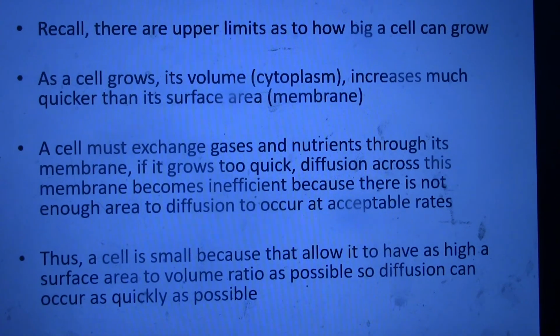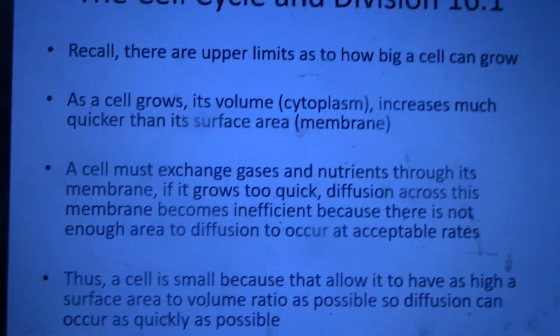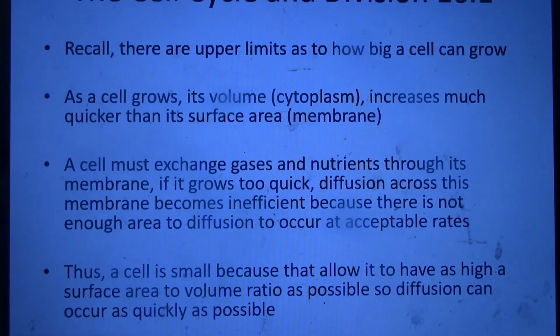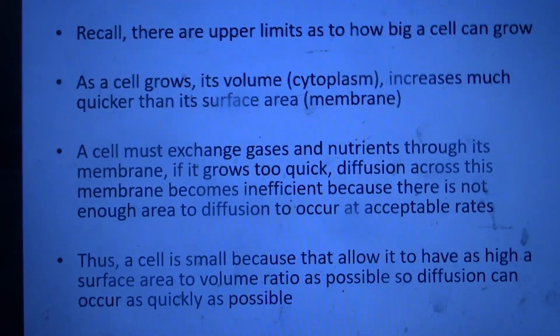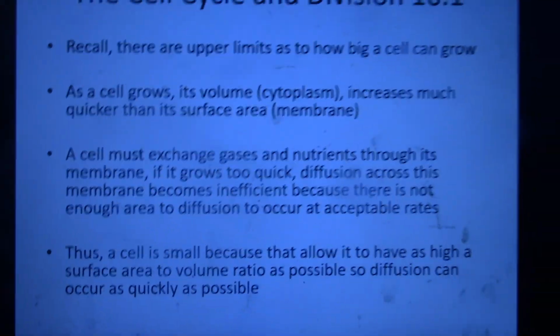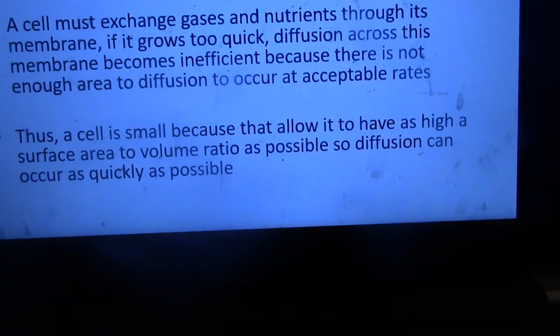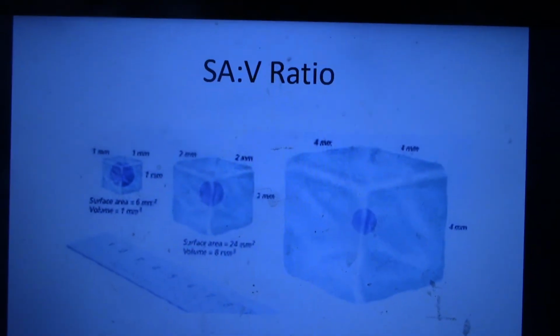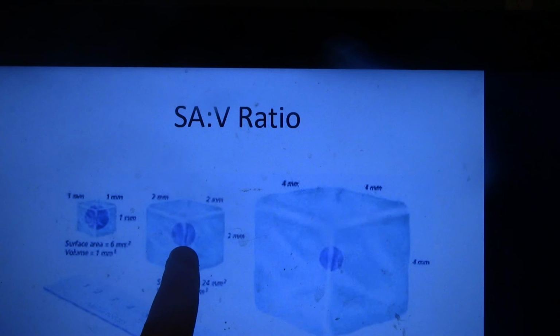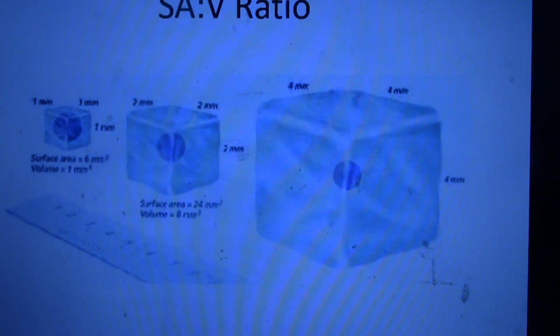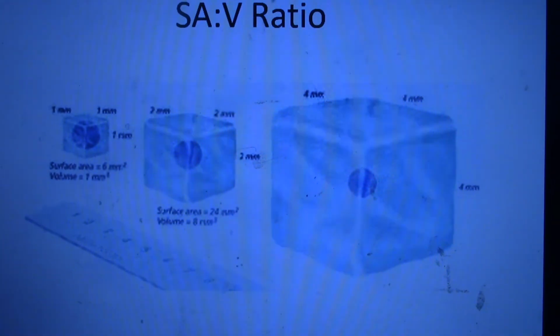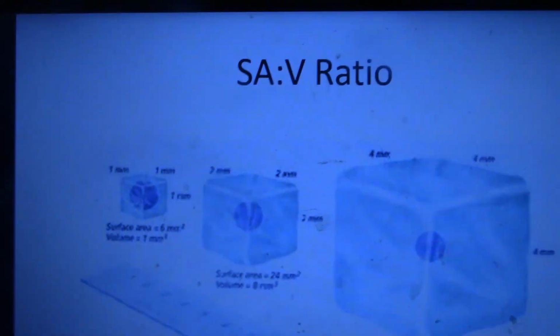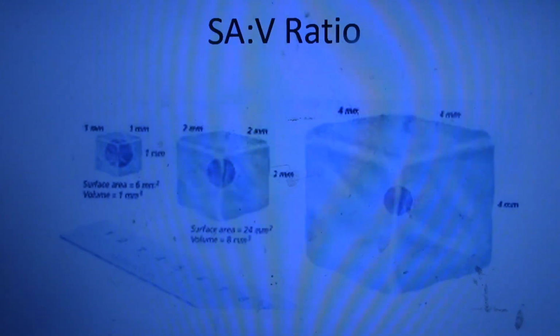So when the outside or the borders of the cell is a very close ratio to the volume itself, you can think about this diagram right here. So let's say this is a cell, and then this is the nucleus of these different cells. This might be a little bit of a deceiving photo, but all of those purple balls in the middle of these squares are all the same size.